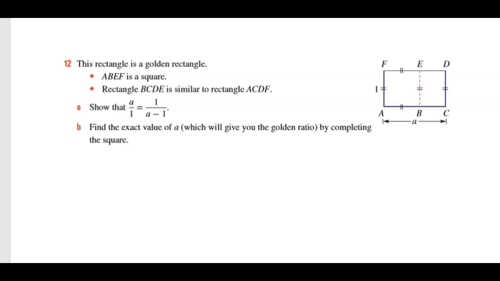What it means by similar is that your length and your width goes up by the same ratio or down by the same ratio. So think of a physical photo, and you wanted to get it enlarged. If the width and the length went up by the same amount, we call that shape similar.